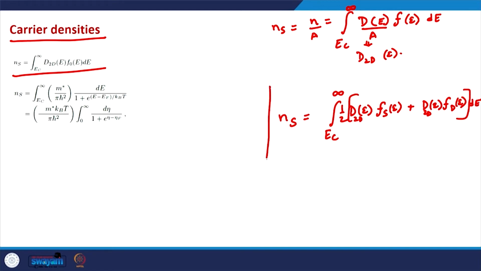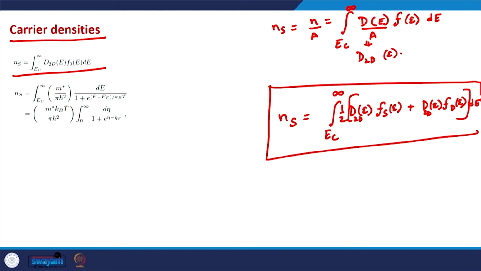So this will be the carrier density in the channel, and if you remember our general form of the current, this is the general form of the current in the MOSFET.